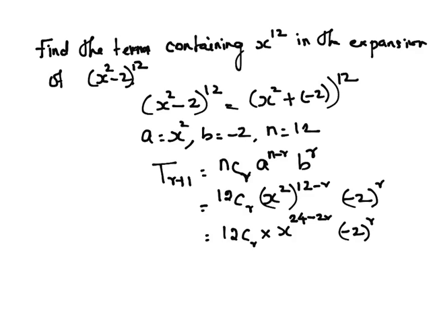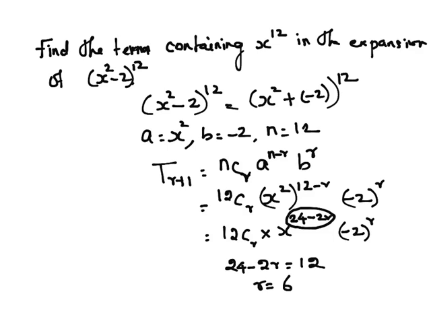That means there is only one x term here and the power is 24 minus 2r. So if 24 minus 2r is 12, then what should be the value of r? I'll get r as 6. So basically when r is 6, you will get x power 12.